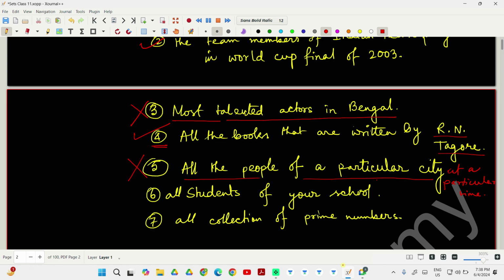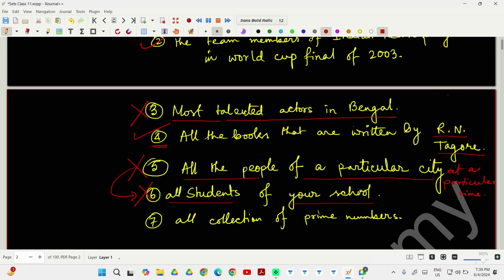This creates an ambiguity, so this is not a set. If I give you a statement like all the people of a particular city at a particular time, that would make a set. This will not be a set, because these two are the same logic.